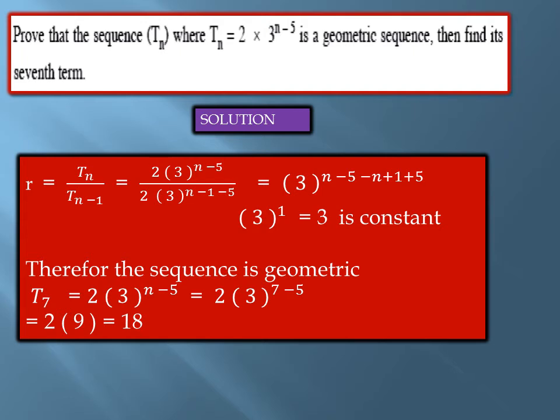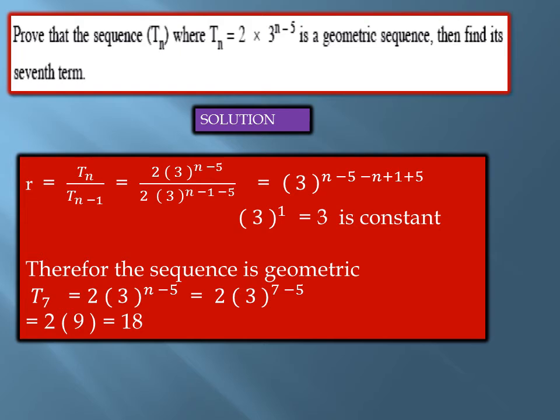Then 3 to the power n minus 5 minus n plus 1 plus 5. Note, we change the signs of the powers of the denominator because we subtract. Then the result equals 3, which is constant. Therefore, the sequence is a geometric sequence.